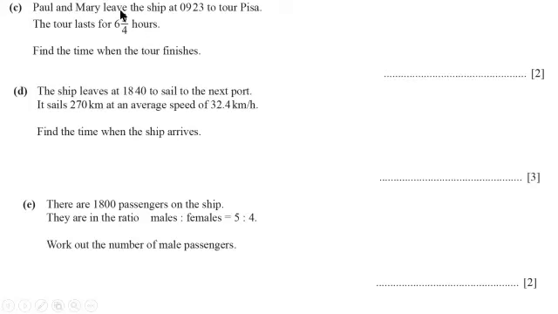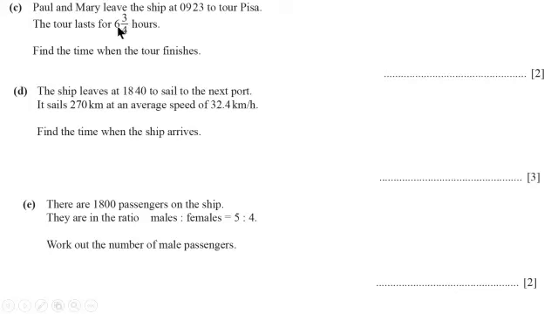C. Paul and Mary leave the ship at 9:23 to tour Pisa. The tour lasts 6 and 3/4 hours. Find the time when the tour finished. Okay, at first we must split this mixed number into hours and minutes. We have 6 hours and 3/4 of 1 hour means 45 minutes.